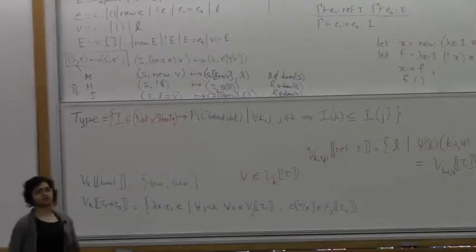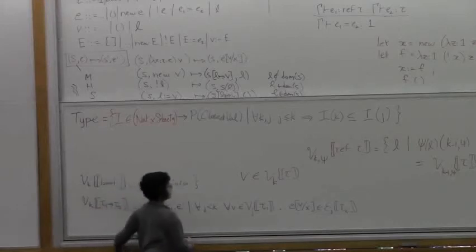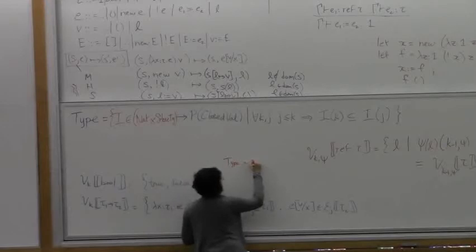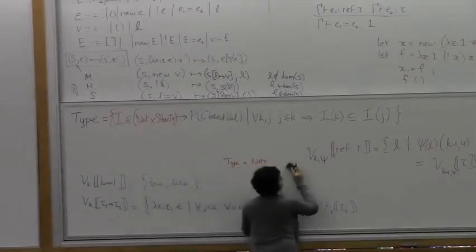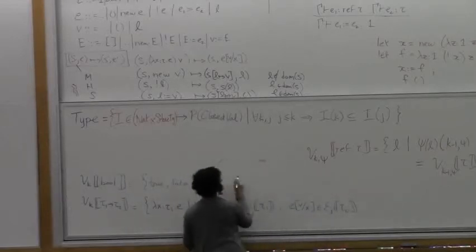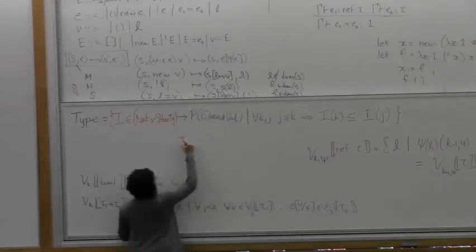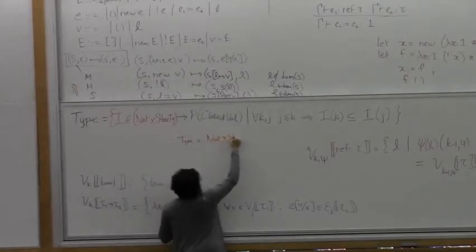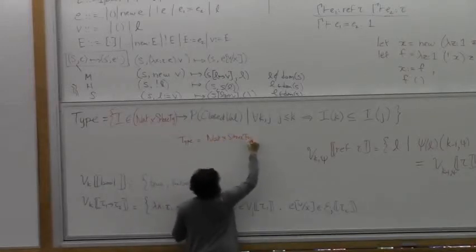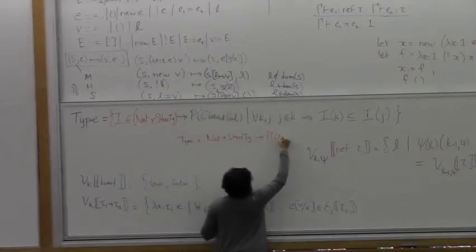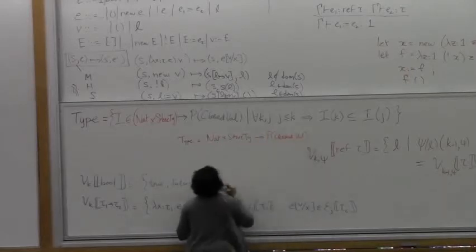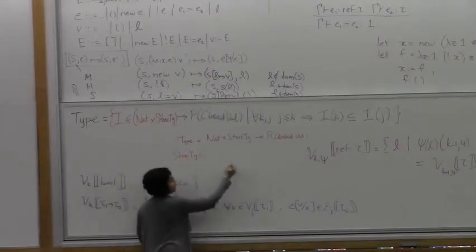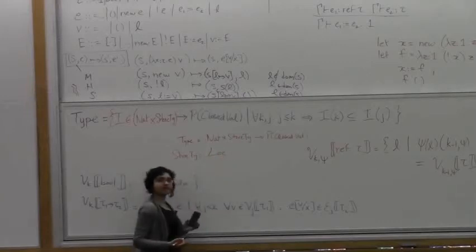Okay. And what is a store type? Store types psi are just a mapping from locations to semantic types, right?